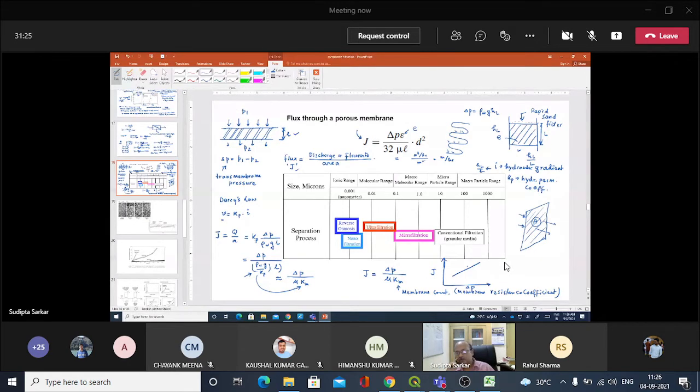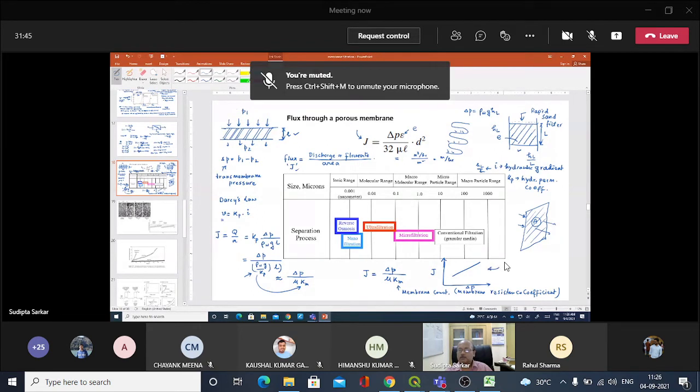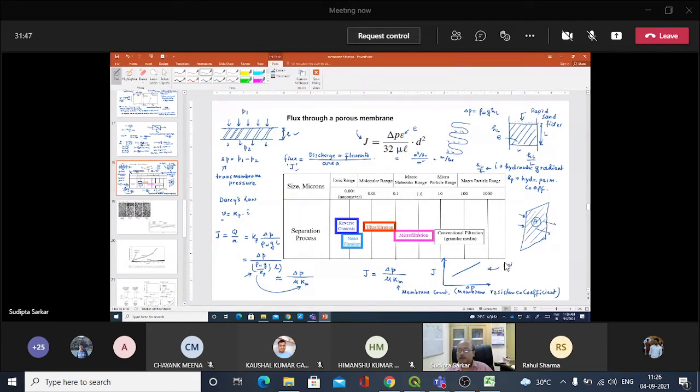Now, this linear relationship suggests that if we mainly want to maximize the flux, for any particular membrane we'll be happy to maximize the flux. But if we try to do this, then there is something that comes in between, which is that this relationship is good for water without any particles, or let us say deionized water.